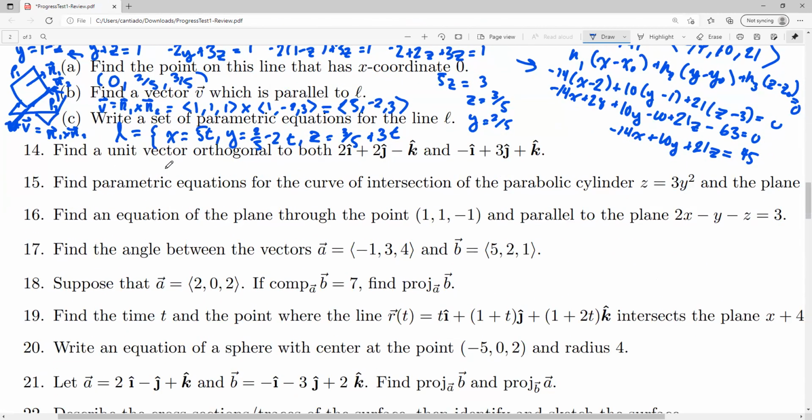Question 14, find the unit vector orthogonal to both of these planes. Okay. So, well, how do we find orthogonal vectors, right? Am I thinking this correctly?